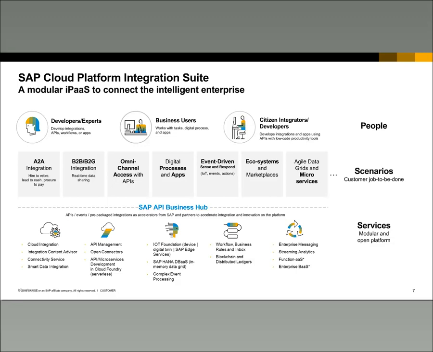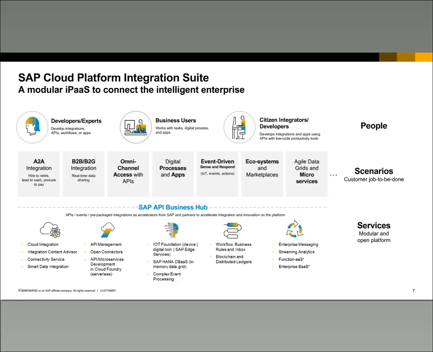We also have Smart Data Integration that helps in data integration use cases. And with the open connectors, we widen our scope to connect to non-SAP applications that also fall as a part of the A2A process.